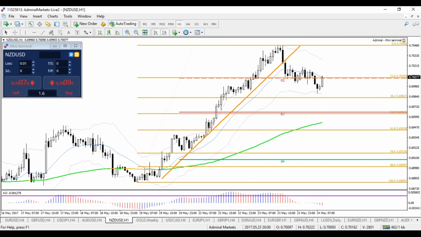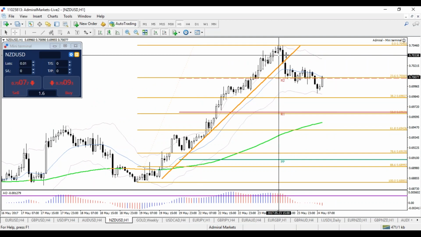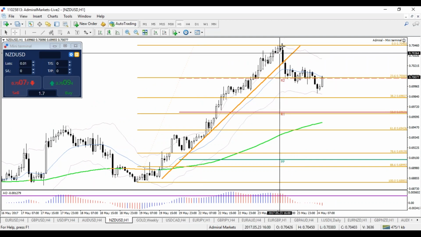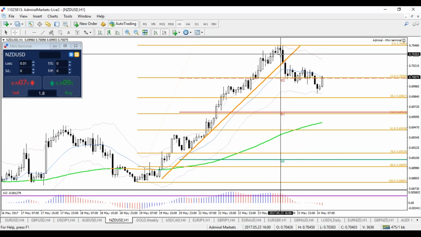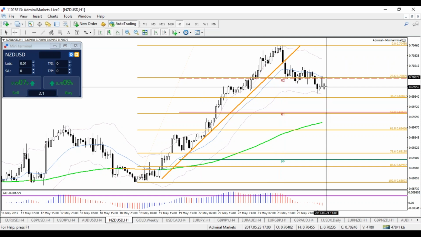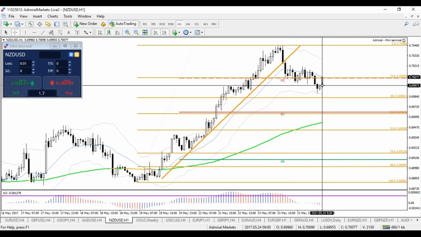All right, Kiwi. I spoke about the Kiwi yesterday and said that price should go back to the 23.6 fib or the 38.2 fib. That would be a good bouncing spot for one more push up and a break above this high. Price at that time was, I think, somewhere here. I'm not sure if this bearish candle was there actually. Let me think for a second. Let's see.